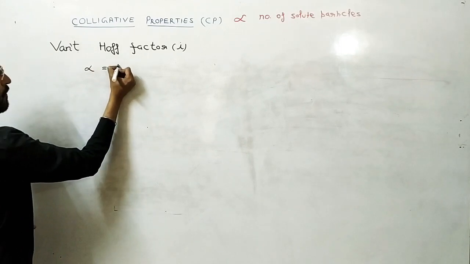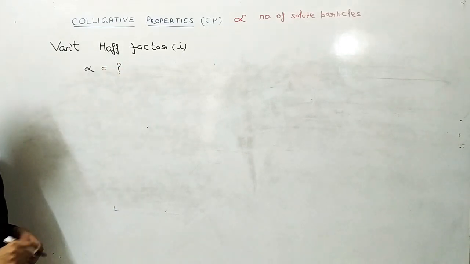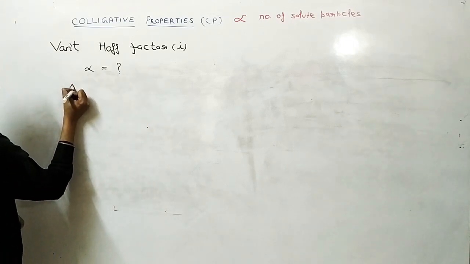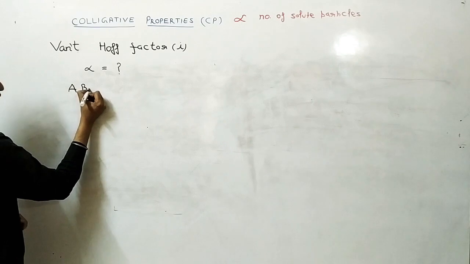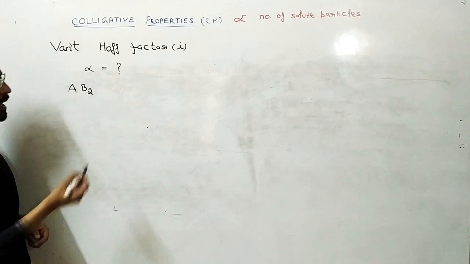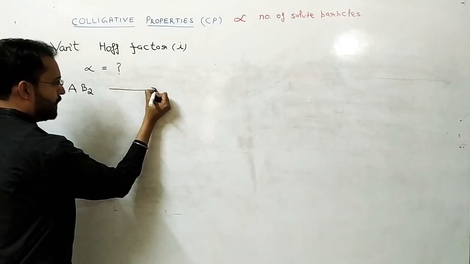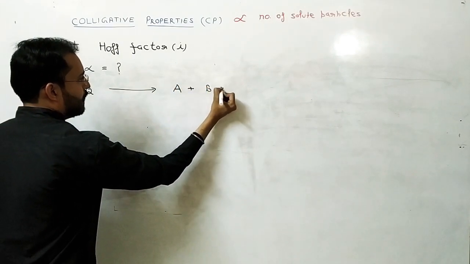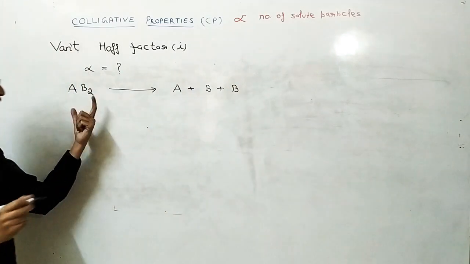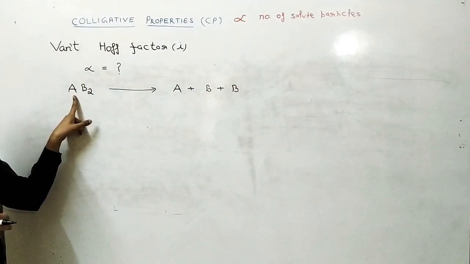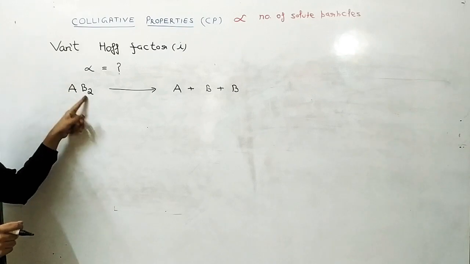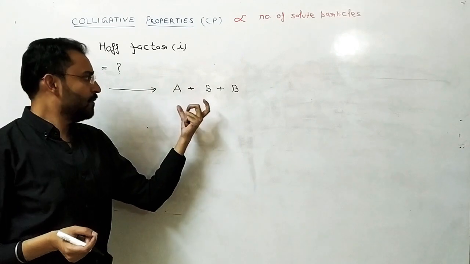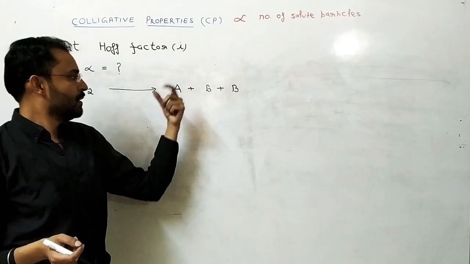Alpha. This electrolyte of type AB2 dissociates like A plus B plus B. Simple. 1 ion of A plus 2 ions of B. The number of particles is enough for the numerical problem.